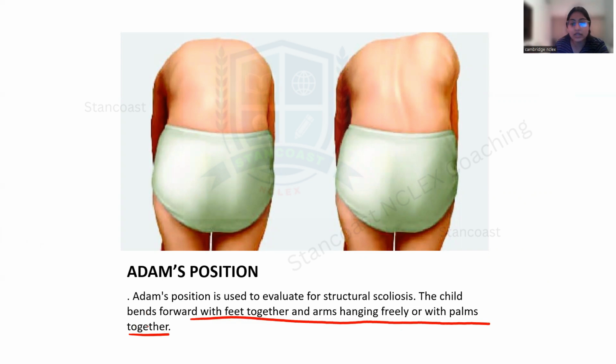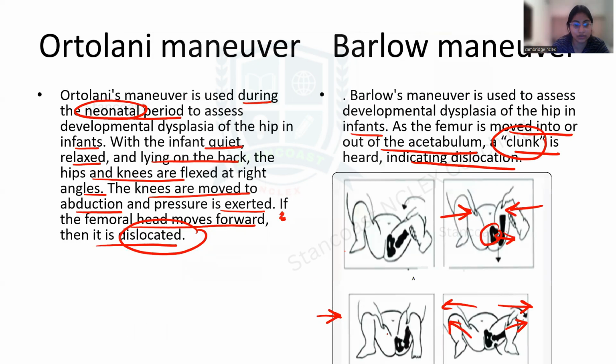We can see in this image a child told to bend forward with feet together and arms hanging freely. If there is proper alignment, it means there is no structural scoliosis. But we can see here the alignment is not proper. There is malalignment, and this indicates structural scoliosis. So this test is used to see structural scoliosis.